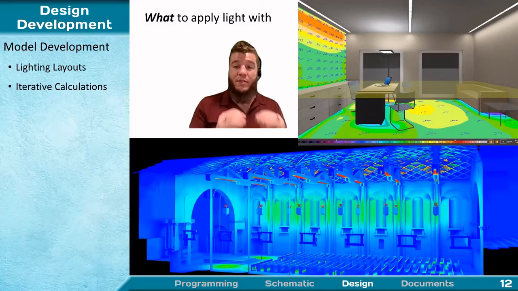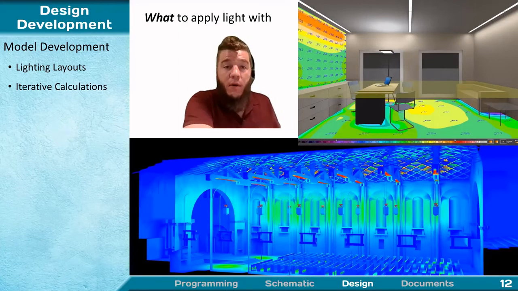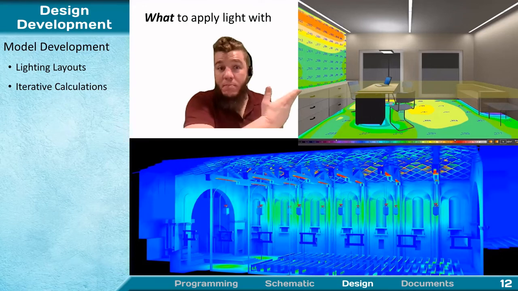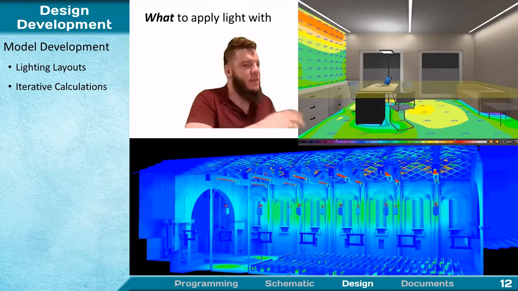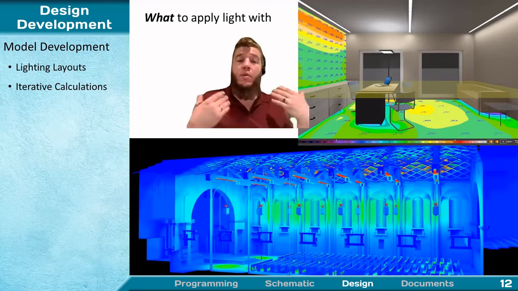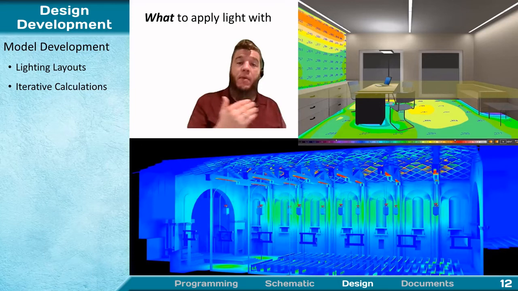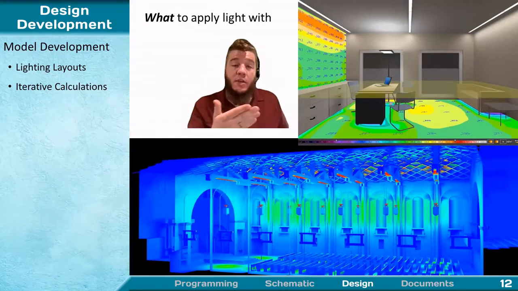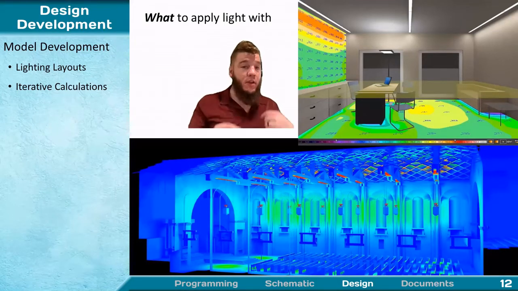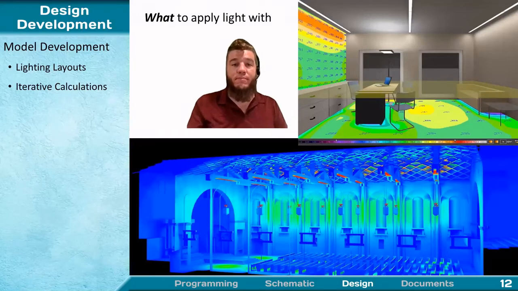I want to emphasize that this is an iterative process. You're going to slap your luminaires in there and you're going to look at this wall and go, oh, cool, I'm 10 times higher than I need to be. Let's start pulling out luminaires, right? And so what you need to do is place luminaires, arrange them, make some calculations, check it against your design criteria, tweak your layout, and run it again.